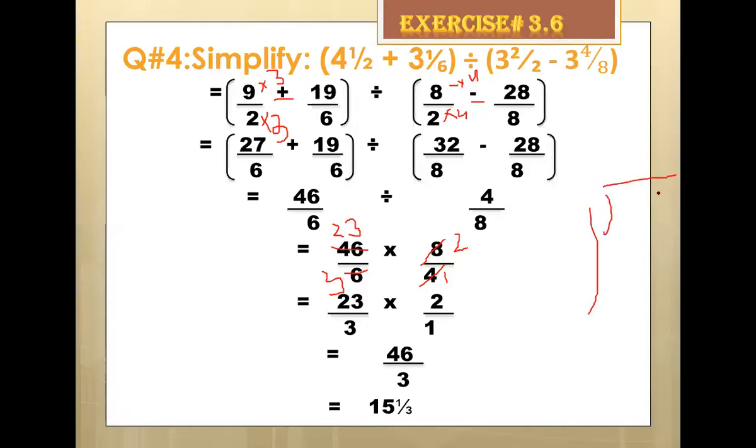Just suppose you have 46 and you have to divide it by 3. 3 ones are 3, minus, 16. Then 3 fives are 15. So what will be left here? 1. So you will write 15 whole 1 upon 3. Okay, now move on to the next one.